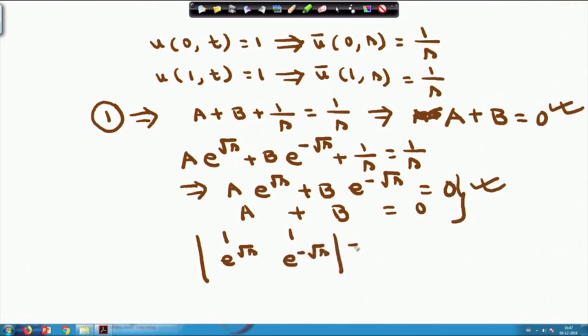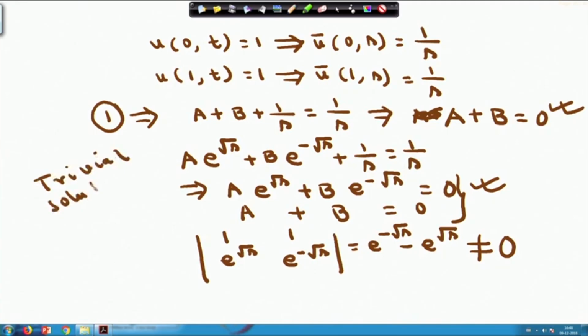And this determinant value is e power minus root s minus e power root s, and this is not equals to 0. So, the determinant does not vanish, which means only the trivial solution is possible.